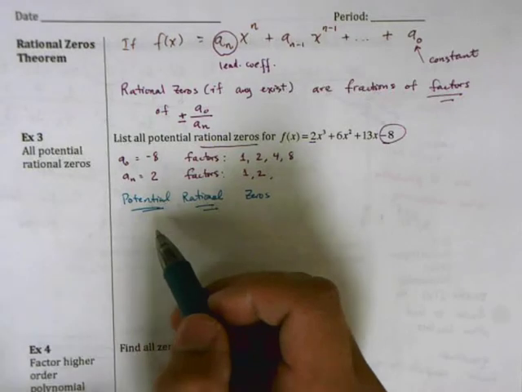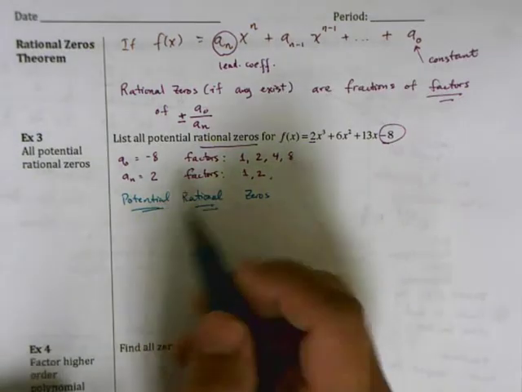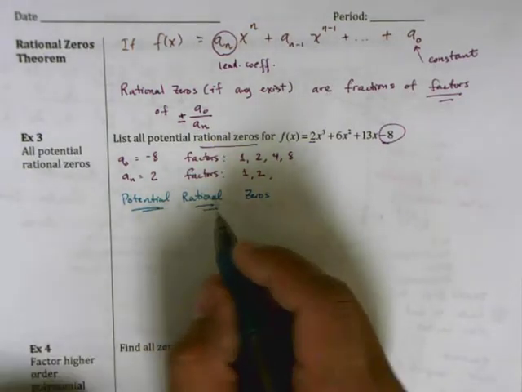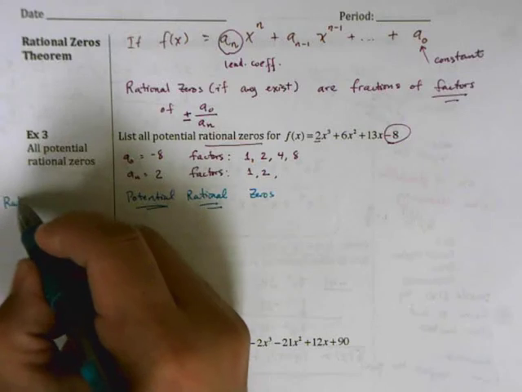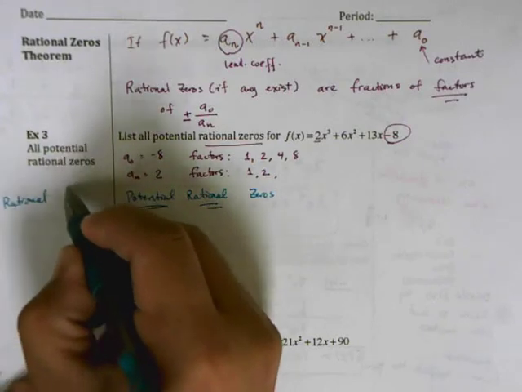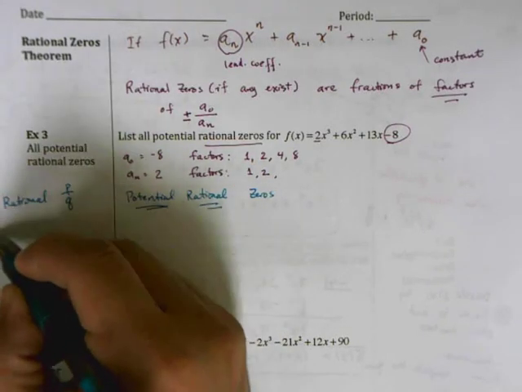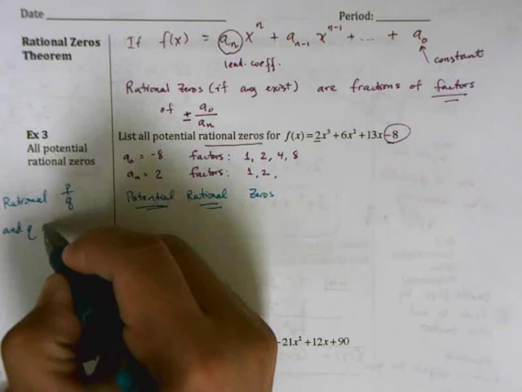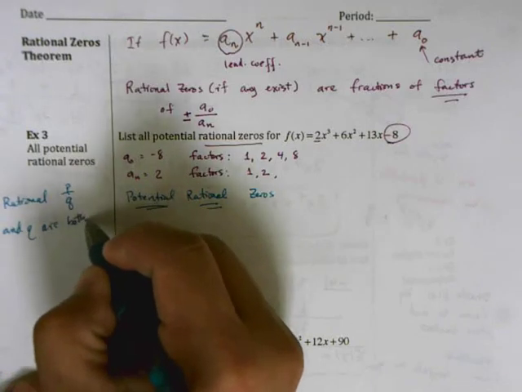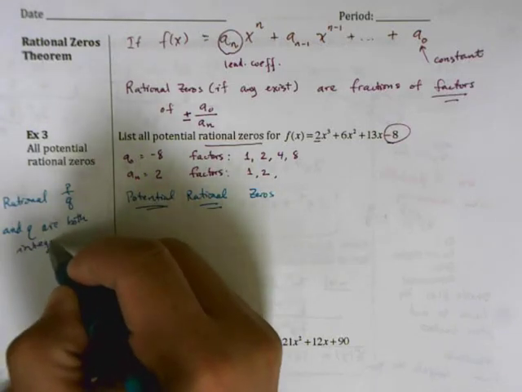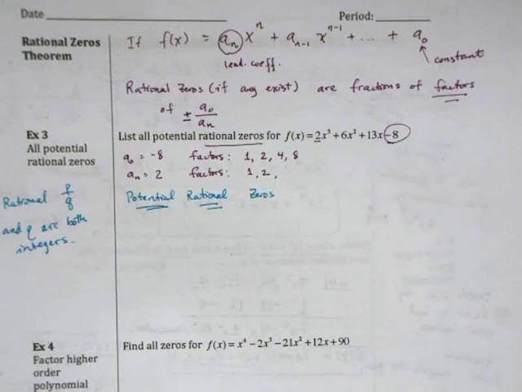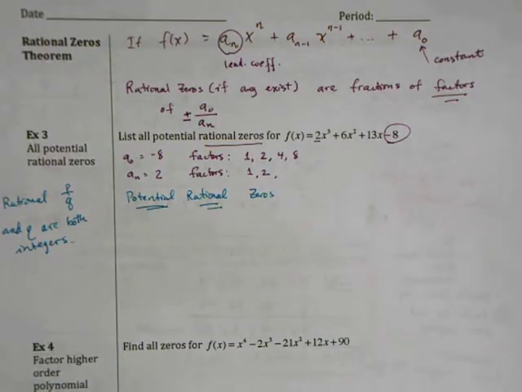We don't know yet, but it's a good starting point for us. And rational means that it's a fraction. Okay, rational is basically p over q, where p and q are both integers. Okay. So to find the rational zeros, this is what we do.